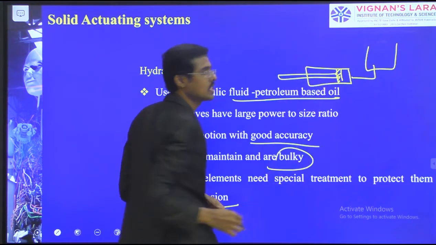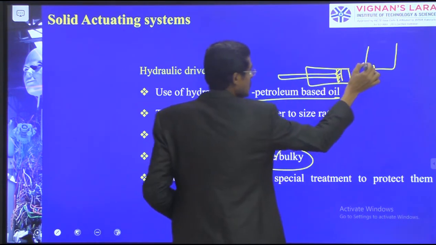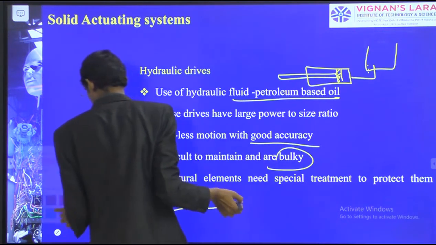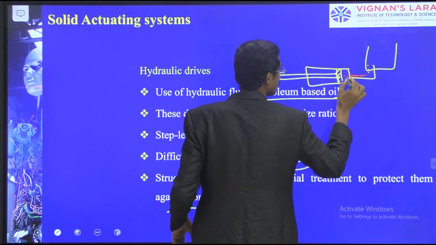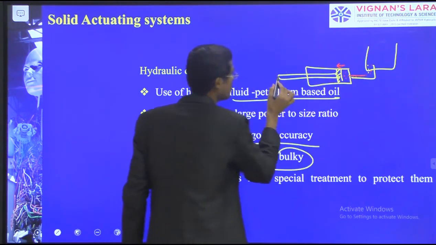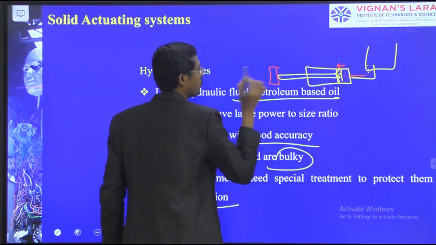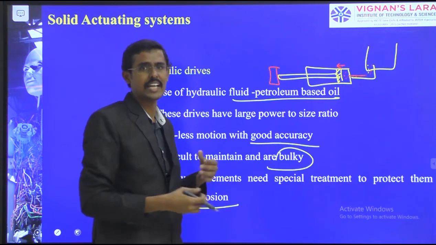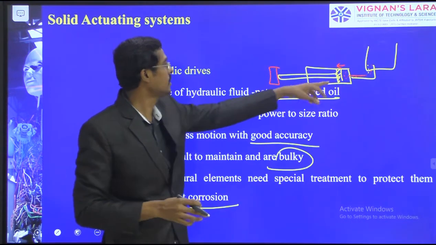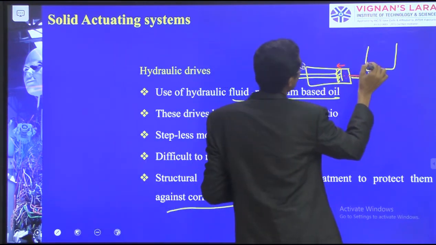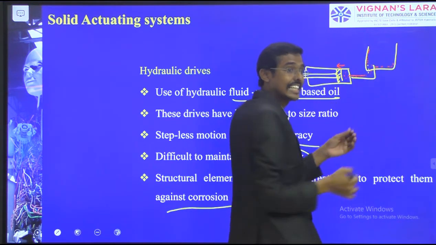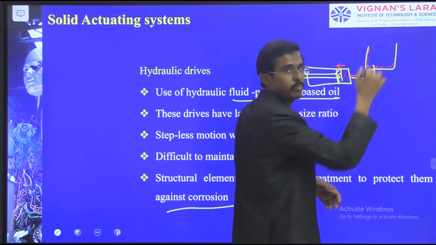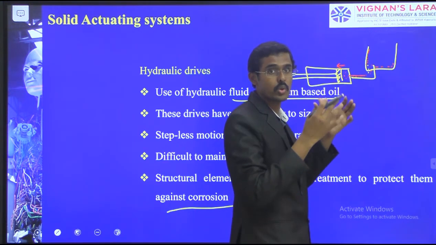When the oil comes through the pipe, it pressurizes and the piston action takes place. It pushes there, and that is what the actuating system does. But the container and these zones are subjected to corrosion, because the fluid interacts with the tank panels or whatever the storage devices are.